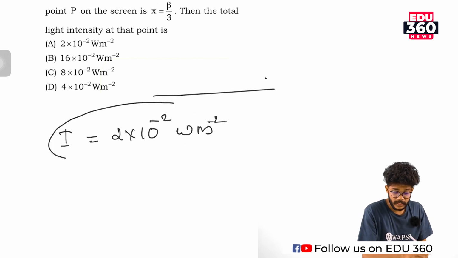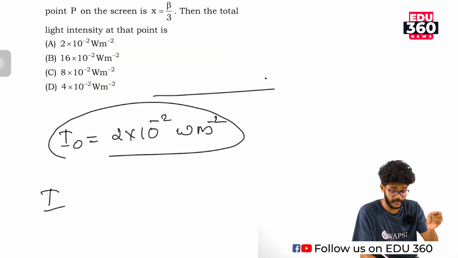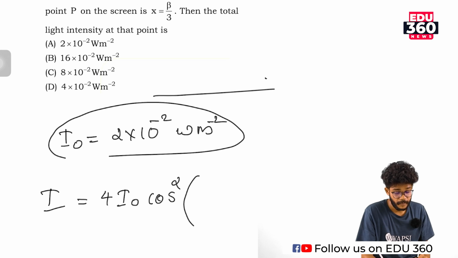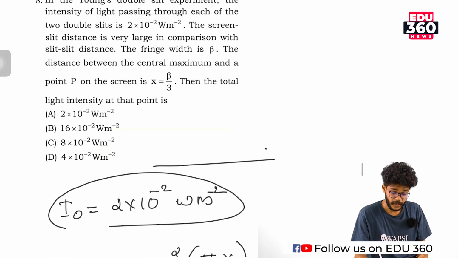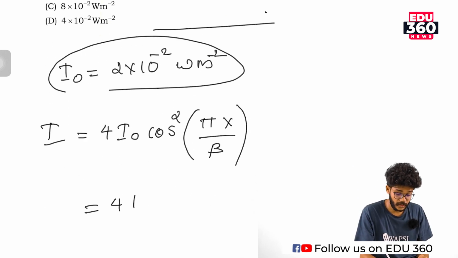Okay, this is the intensity from the hole, I0. So the intensity at a position P from the central maxima, I, is equal to 4I0 cos square pi x by beta. They have said that x equal to beta by 3, so pi by 3: 4I0 cos square pi by 3.